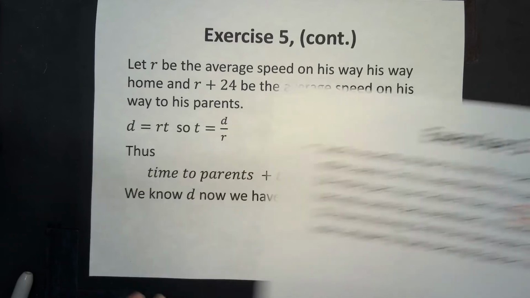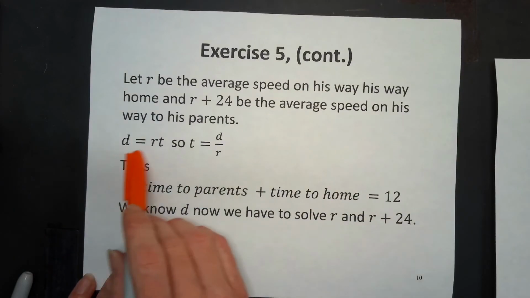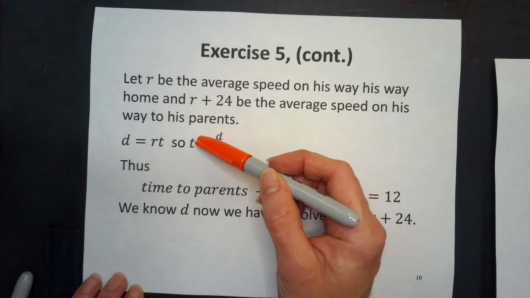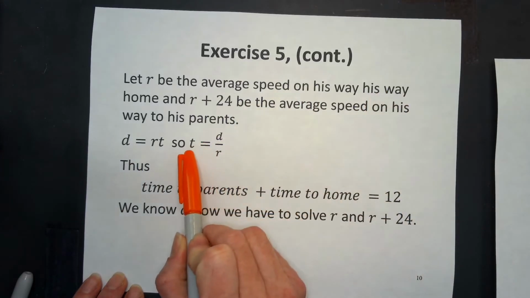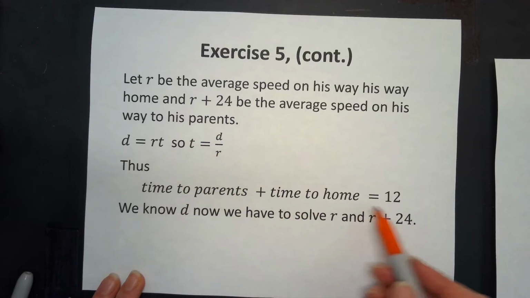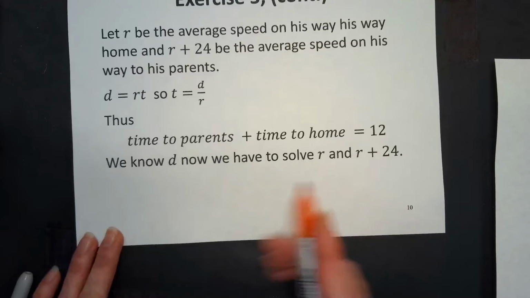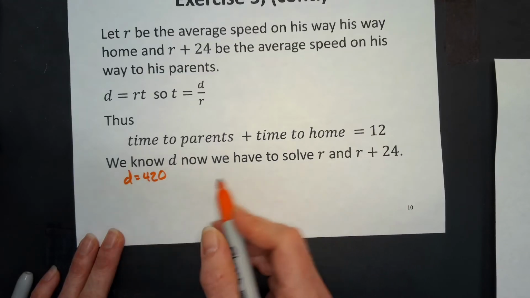So what we want to do is say, well, distance equals rate times time. Time is equal to distance over rate. So we want time to parents plus time to home to equal 12. We know what D is. D is equal to 420.